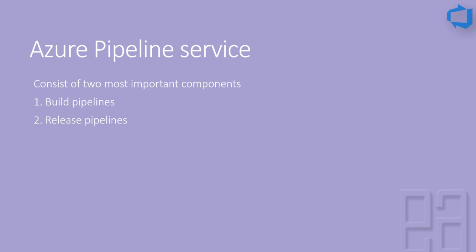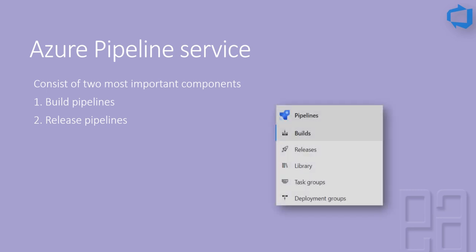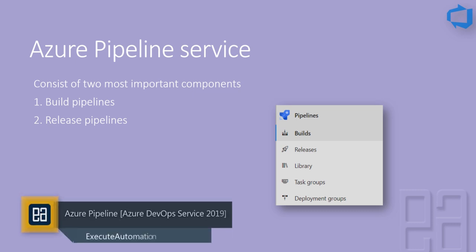There are some other components in the Azure Pipelines service, such as libraries, task groups, and deployment groups. These are important as well, because in libraries you're going to be creating global variables, and in deployment groups you're going to be creating a deployment group, which is something you'll be using within the release pipeline. So these are very important components that we'll be using in this section, guys.